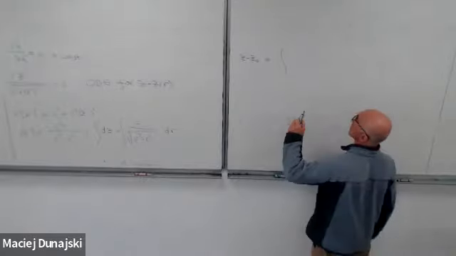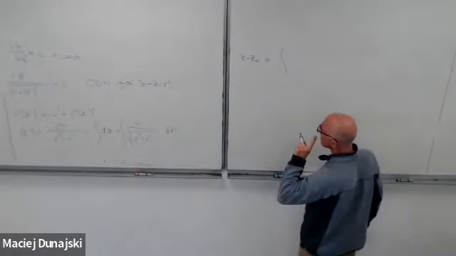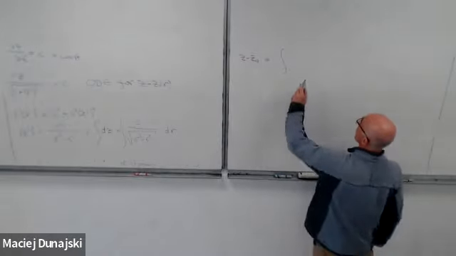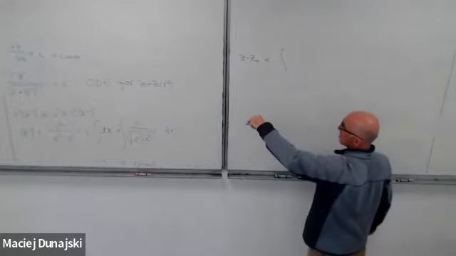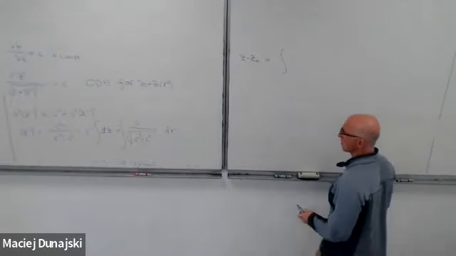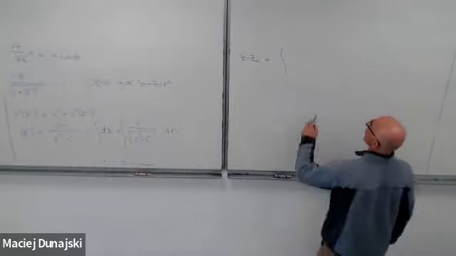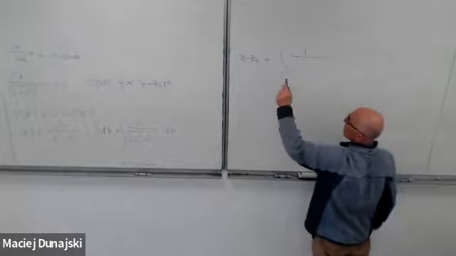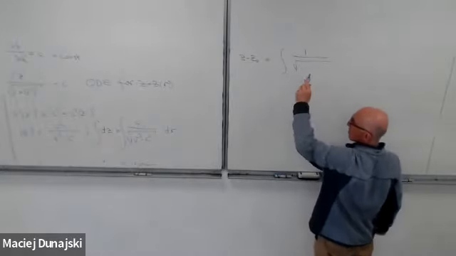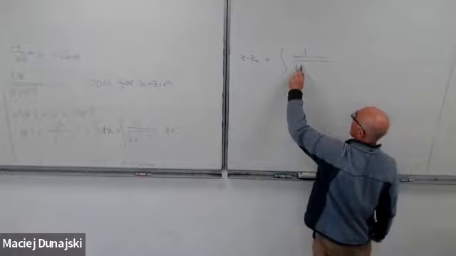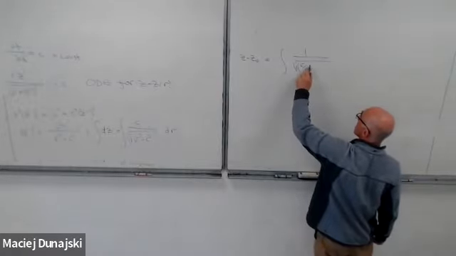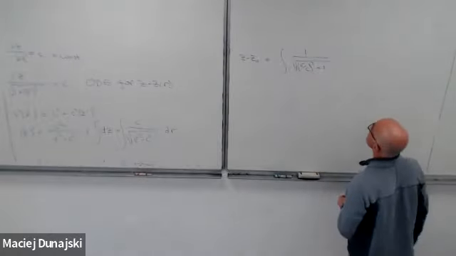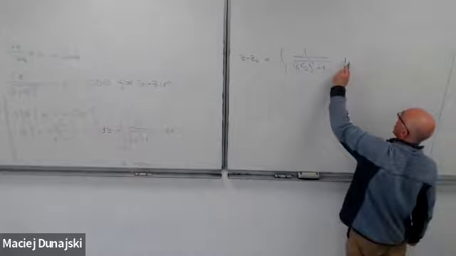If I do that, I'll have 1 over the square root of (R over C) squared minus 1 dr.